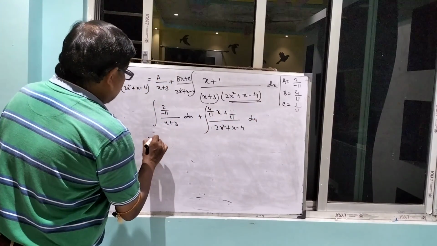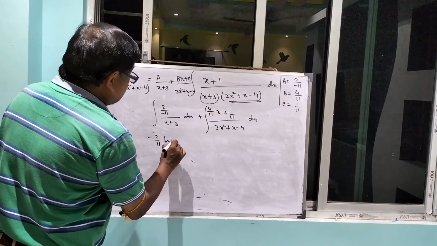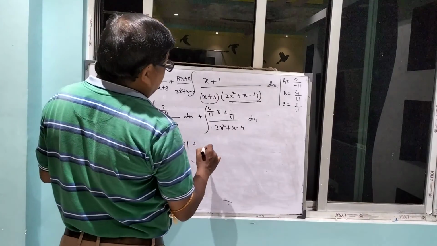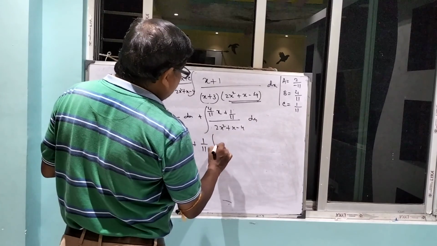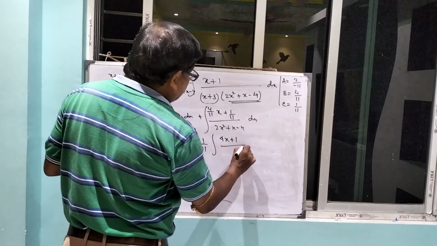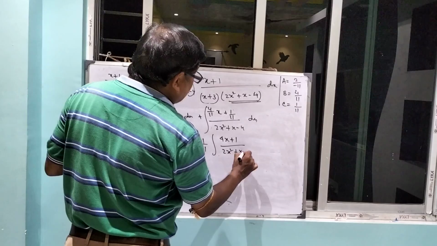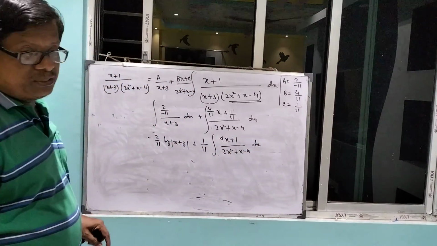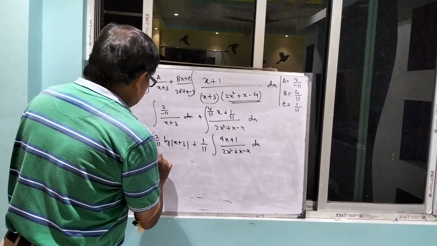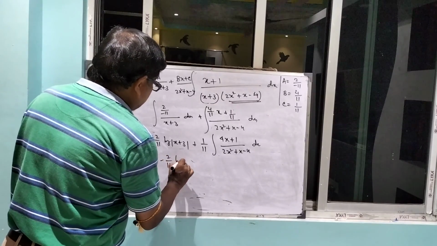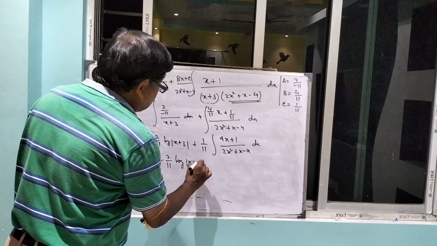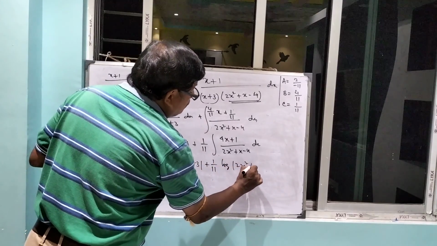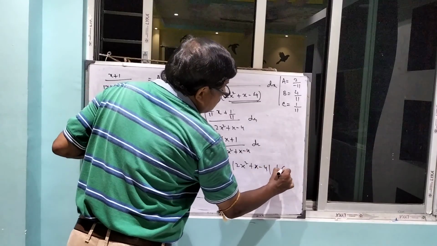Now here minus 2 by 11 log of (x plus 3) plus 1 by 11 common, so (4x plus 1) by (2x square plus x minus 4) dx. Now look at it, you will get this part, 4x plus 1, so write minus 2 by 11 log of (x plus 3) plus 1 by 11 log of (2x square plus x minus 4) plus c, like this.